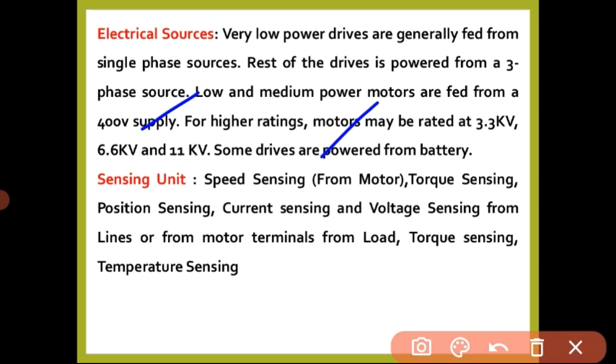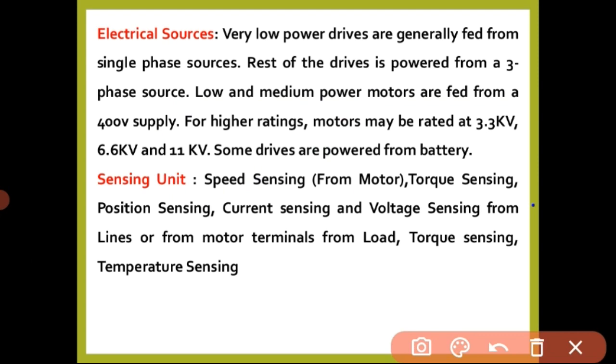Sensing unit: speed sensing from the motor. The sensing unit may be any one of these or include more than one, for example torque sensing, position sensing, current sensing and voltage sensing from lines or from the motor terminal, from the load, torque sensing, temperature sensing. I hope it is clear.